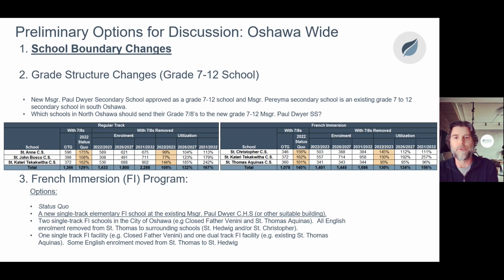And the third main part of this review had to deal with French immersion programming. As we talked about previously, there's currently 3 dual track French immersion schools. So we looked at a diverse set of options all the way from status quo, leaving it as it is, to 1 single track facility for the whole city, multiple single track facilities, combinations of single track and dual track. So really all options were considered.